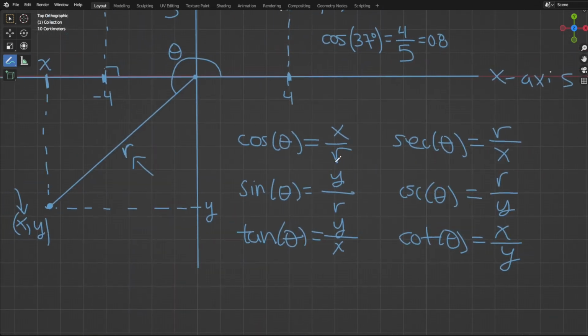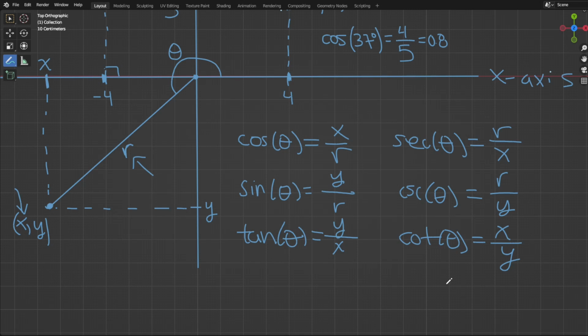If r is 0, that means the point has to be exactly on the origin, and in that case the angle doesn't make any sense. So cosine, sine, secant, cosecant, where if y was 0 along the x-axis, they would all be undefined.